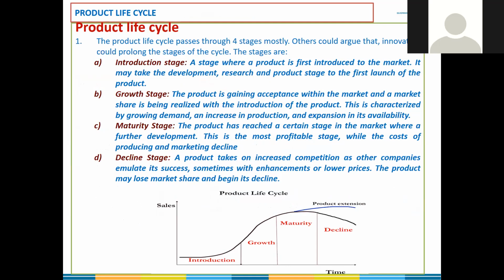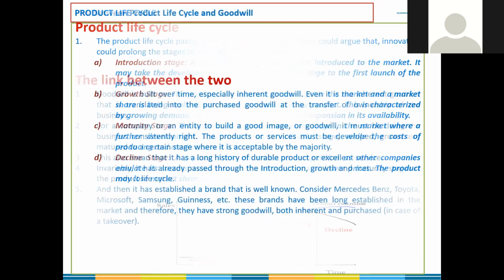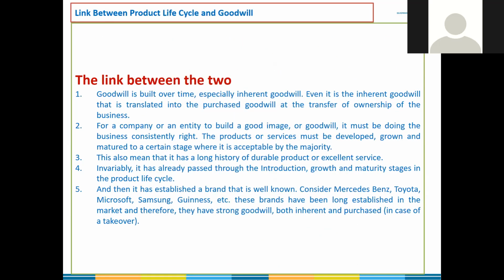And at the maturity stage, it has even gone higher. But if you got discouraged because people are not buying from you, then you are going to lose. But you must continue to improve, continue to improve, continue to improve until you make it happen. And that is how goodwill is built.